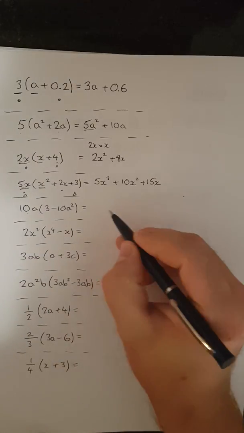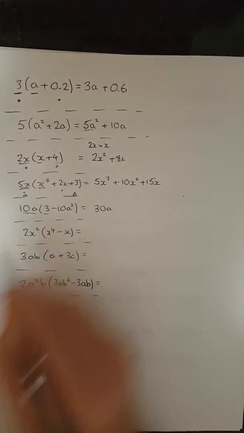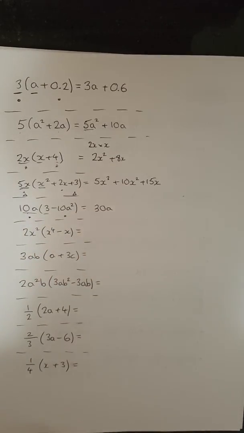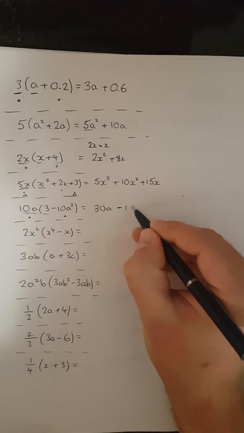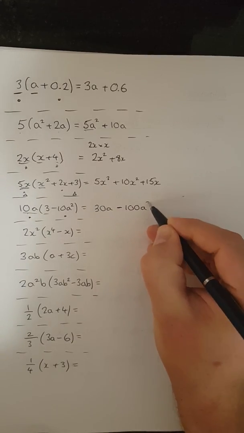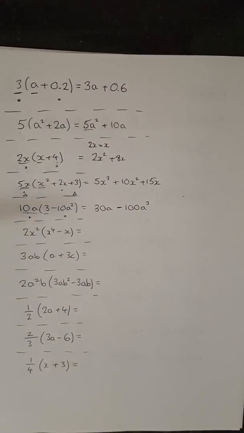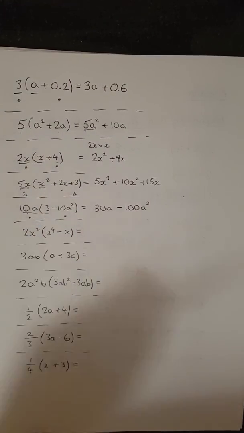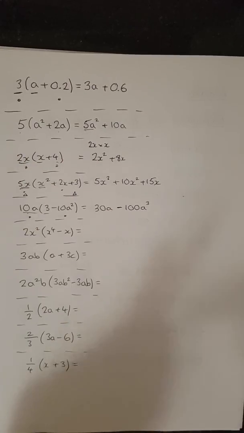10a times 3 is 30a. 10a times minus 10a squared is minus 100a cubed. What we've been looking at here in these last three is what happens when we have a letter outside the bracket as well.